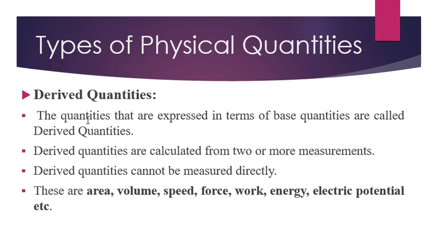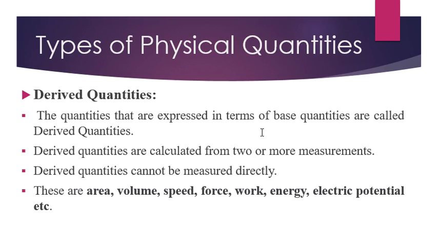The next important type of physical quantity is the derived quantity. Derived quantities are expressed in terms of base quantities. One important factor of a derived quantity is that it can only be calculated from 2 or more measurements, which means it cannot be directly calculated. It can be calculated with the help of the base quantities.